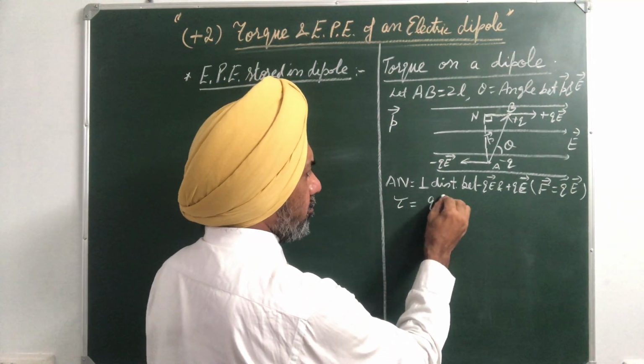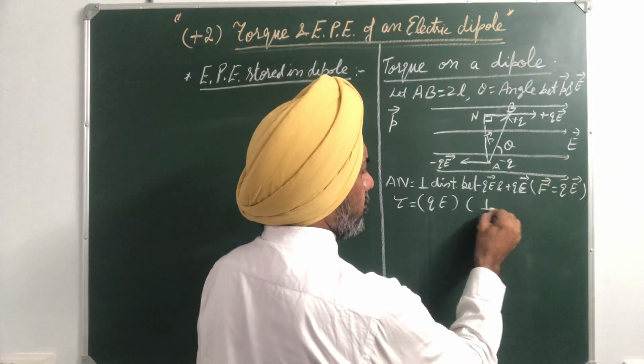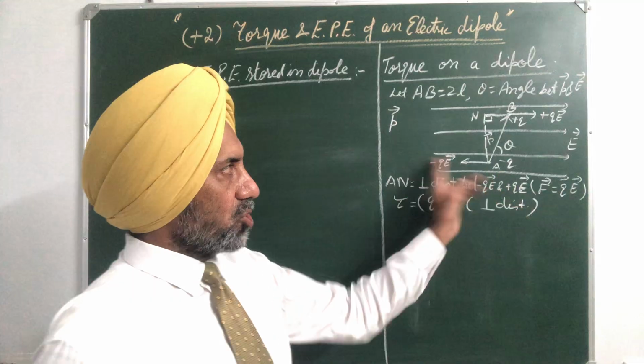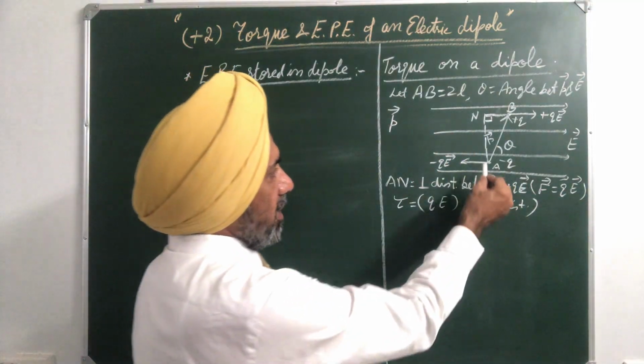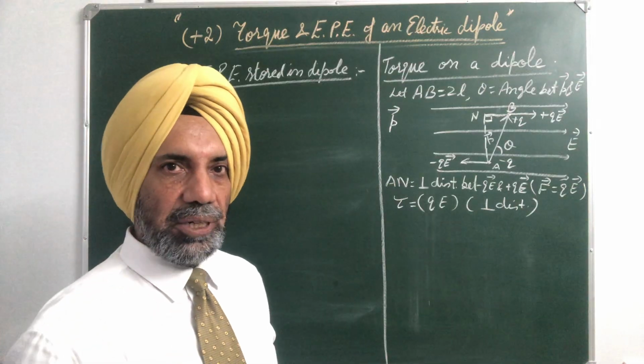either force, that is QE, and the perpendicular distance between these two forces. Now from this diagram we can see AN is the perpendicular distance between the two forces.